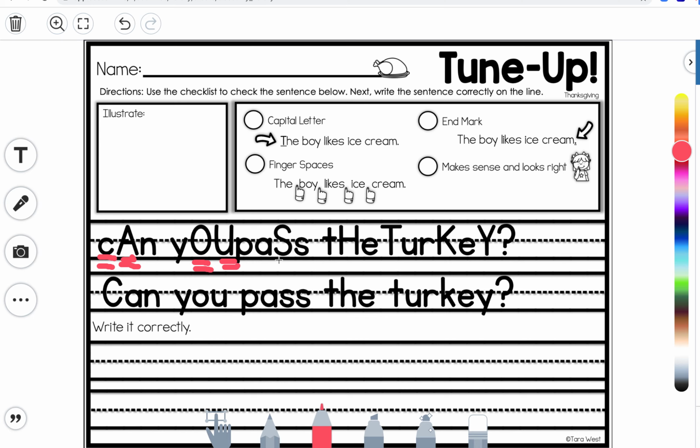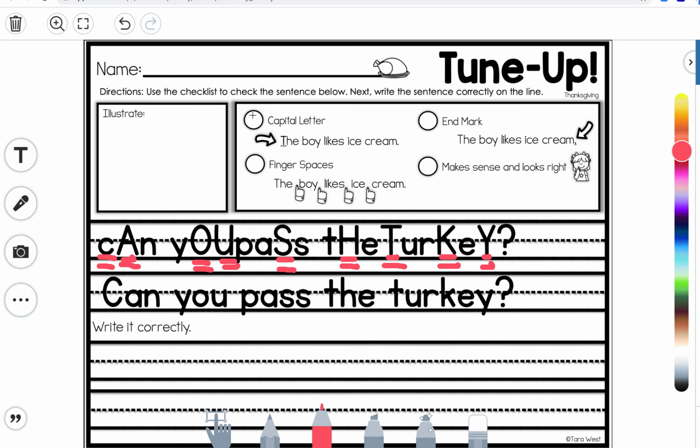Oh, there's another one. Underline it. Good. So in a minute when you do this on your own, you need to go through and find any letters that are capitalized that should not be. What about this word, turkey? Should it be capitalized? No, it's not a name. All these random capitals in the middle of our writing, we can't have them, okay?